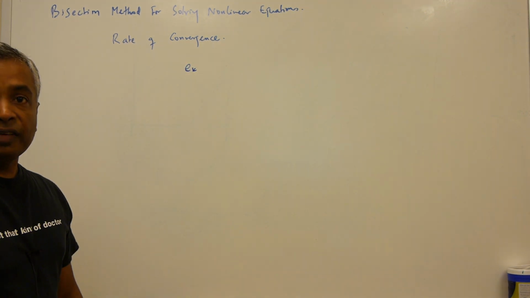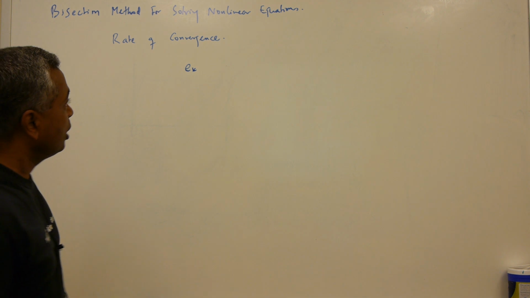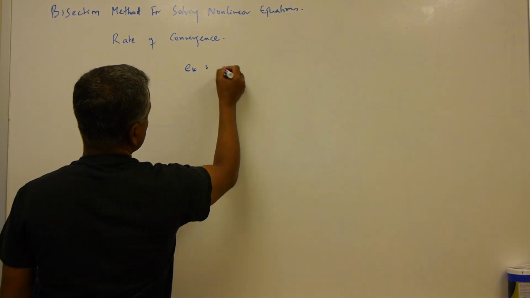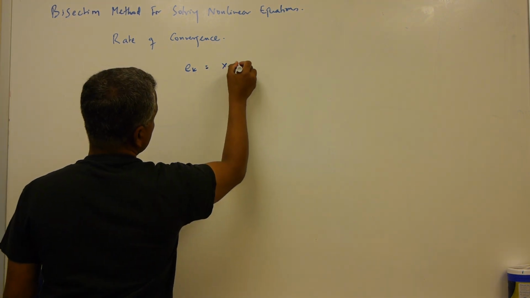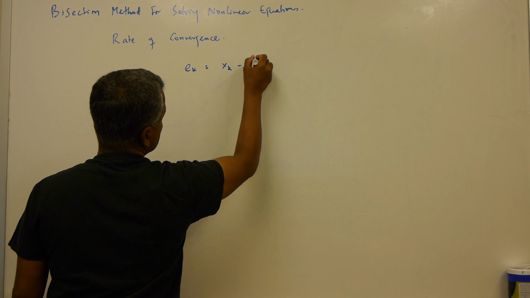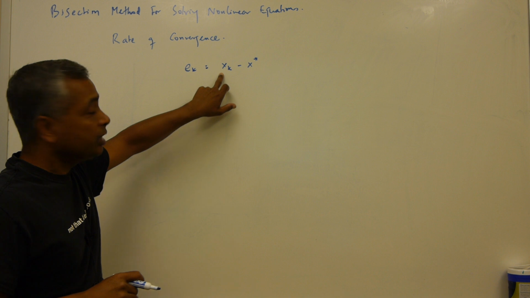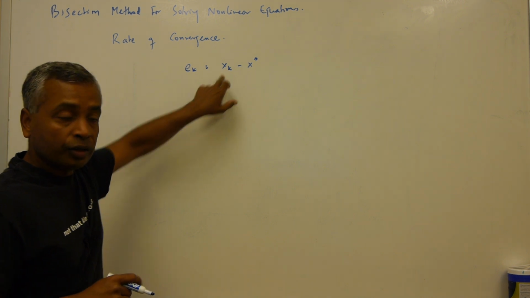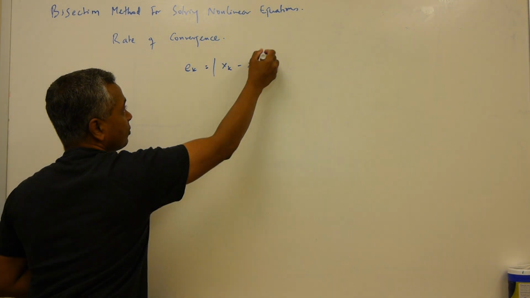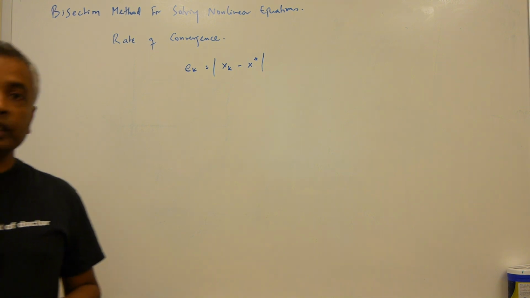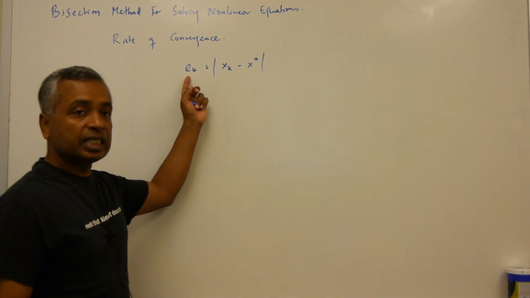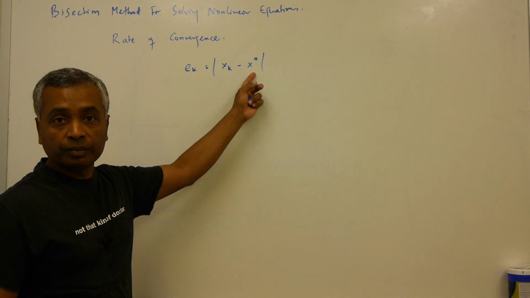I'm going to define error ek as the magnitude of xk minus x star. So that's the real root, and this is the root that I've found. This is the worst case error in the kth iteration.